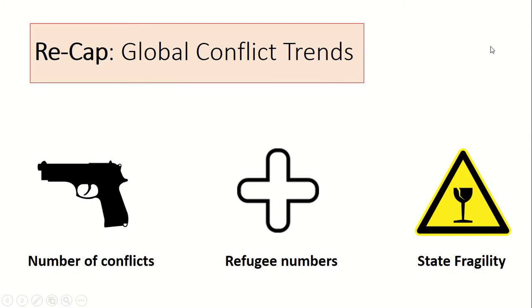And so what we then looked at in lesson 2 was this idea that conflicts have changed over time. In terms of the number of conflicts, there was a large increase up until 1991, at which point the Cold War ended, and as the Cold War ended, the number of conflicts started to reduce dramatically. The same thing can be said of refugee numbers.